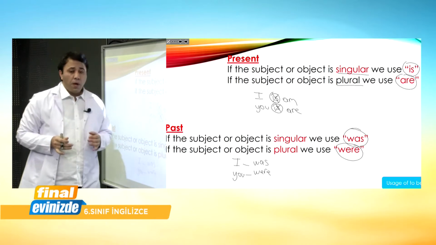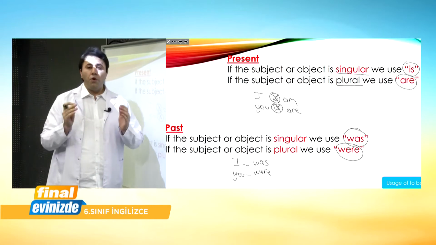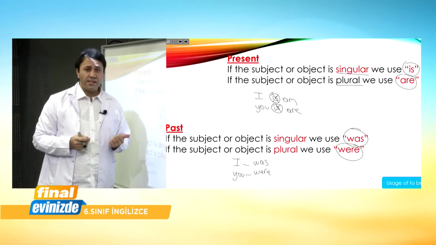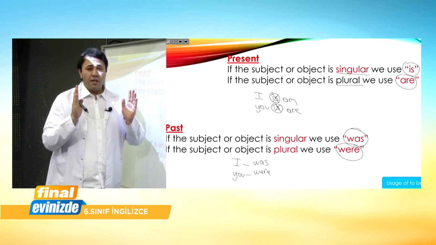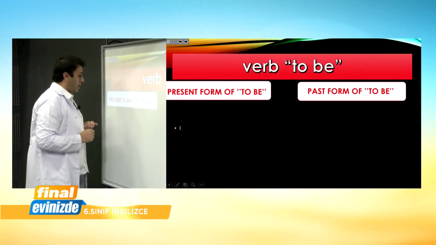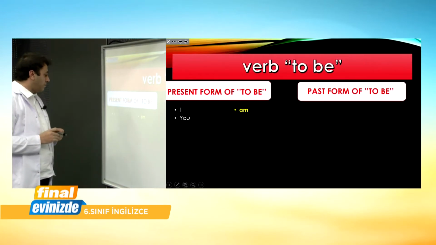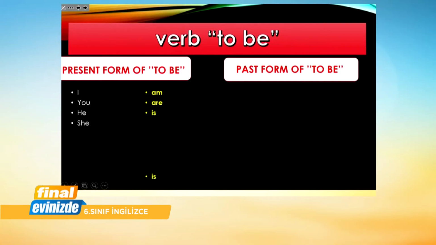And now we are going to see the usage of verb to be, okay, in the past and in the present, and we are going to see with the subject. All right, I am, you are, he is, she is, it is, we are, you are, they are.